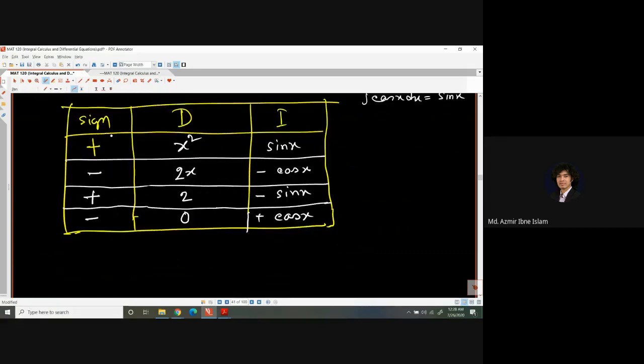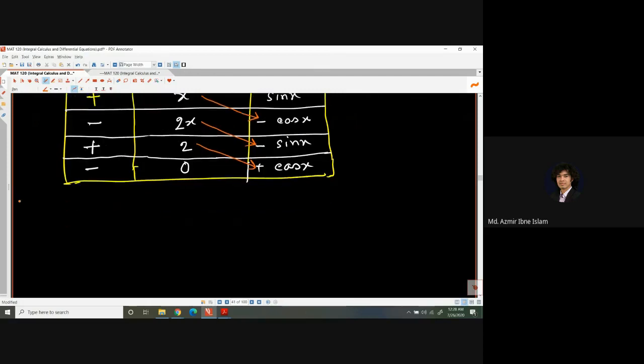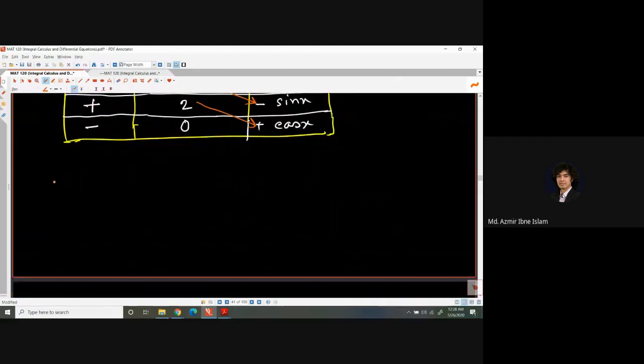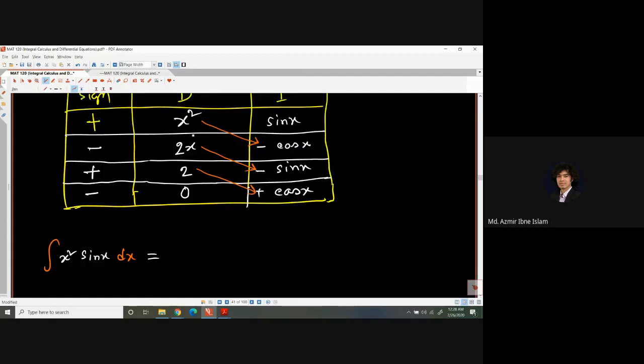Now we multiply correspondingly: the first term will be the multiplication of this and this, the second term the multiplication of this and this, and the third term the multiplication of these two. So this integral of x squared sine x dx can be evaluated by this tabular technique.